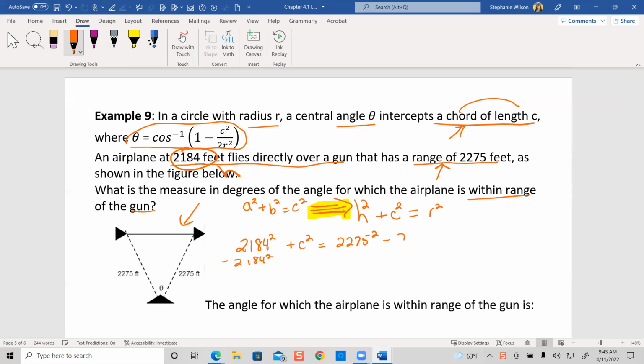I'm not going to square anything right now because it's just going to give me a really long number, and I don't want to miss a number in there. Now that I've got it written like this, let's go ahead and square each part.